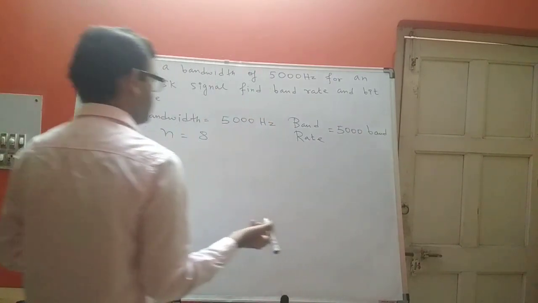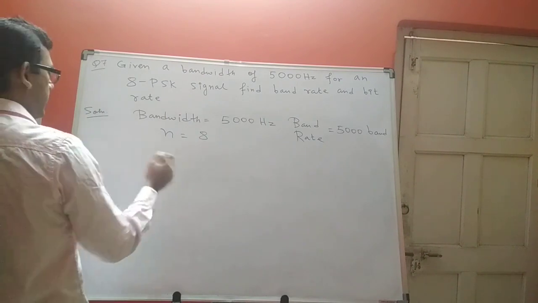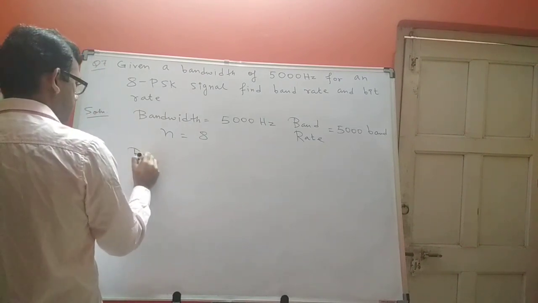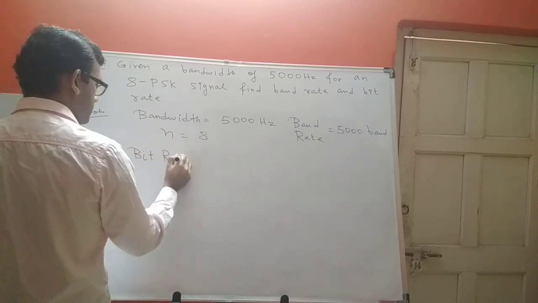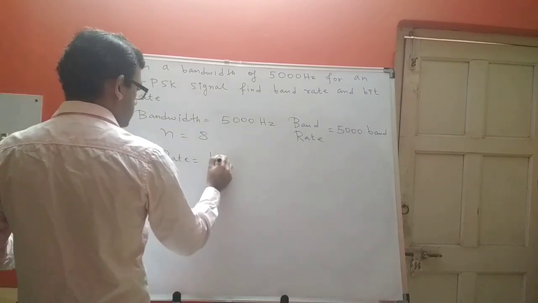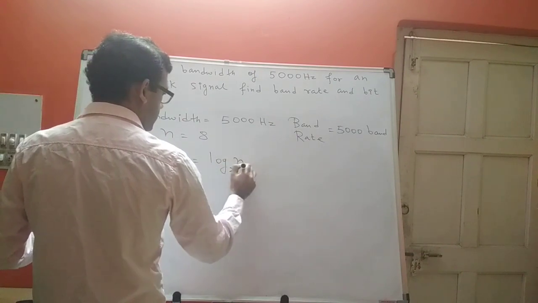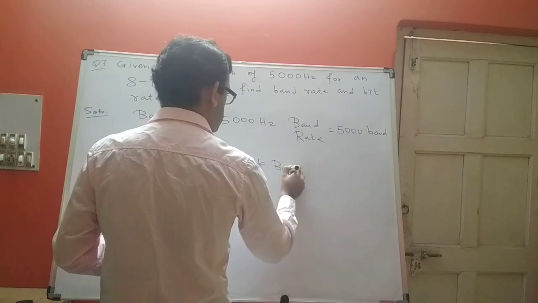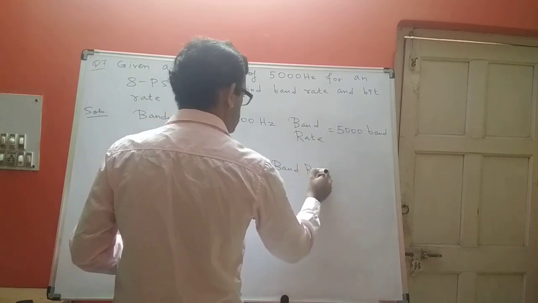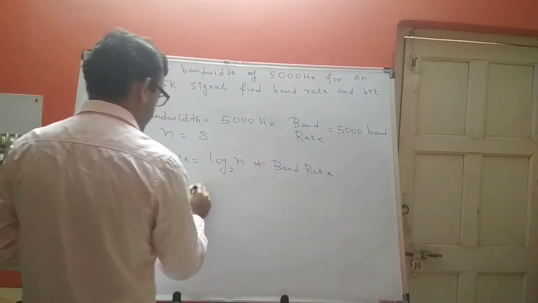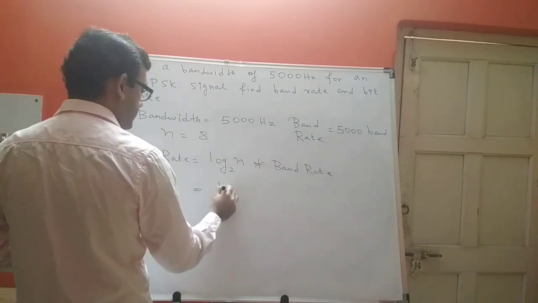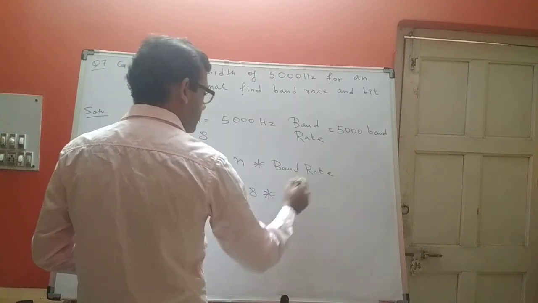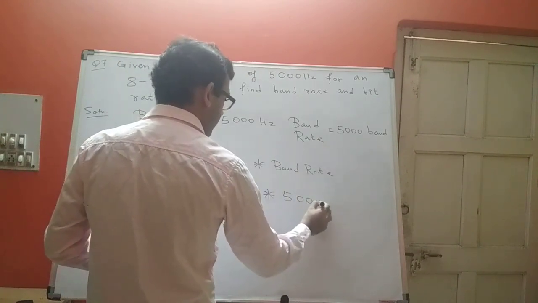Now, what is the relationship between bit rate and baud rate? Bit rate is equal to log n base 2 into the baud rate. The value of n is 8, and my baud rate is 5000.